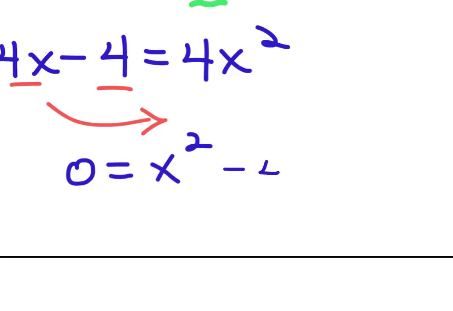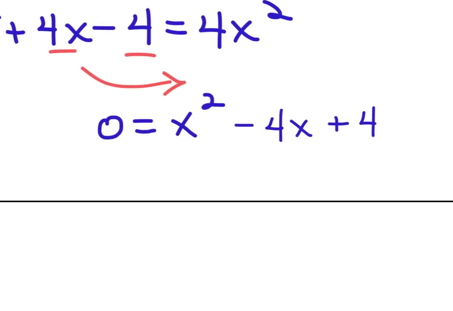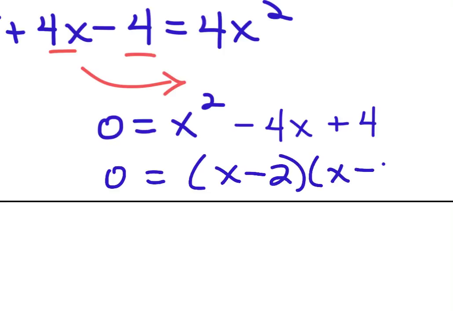And then minus 4x and plus 4. And then I'm going to factor that, and I have x minus 2 times x minus 2. And x equals 2 and x equals 2 is the same answer.